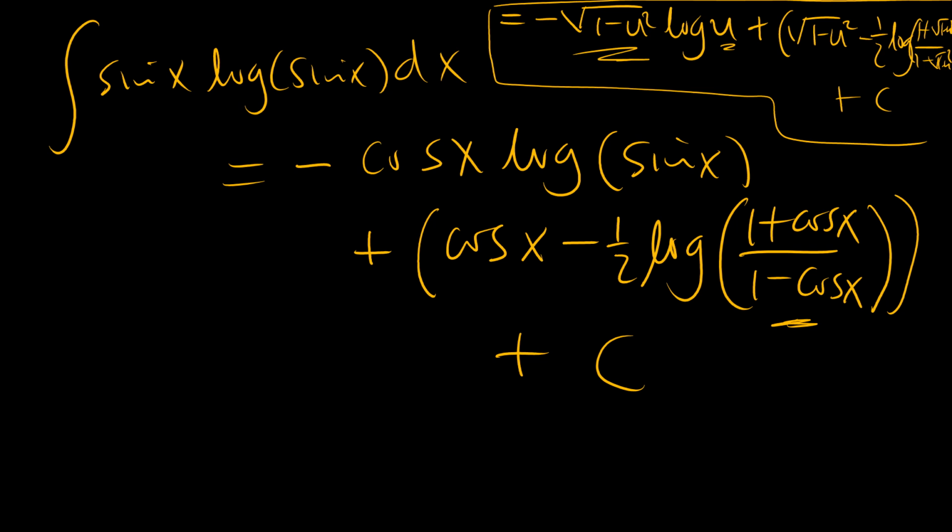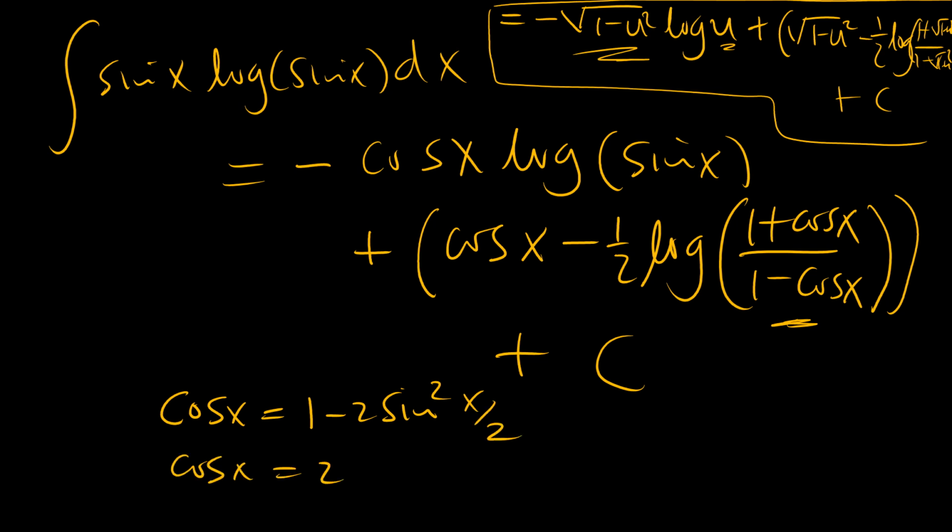And that comes from cosine x being equal to either 1 minus 2 sine squared x over 2, and also cosine x is the same as 2 cosine squared x over 2 minus 1. So if then we substitute, in the case of the negative we can substitute this, in the case of positive we can substitute this, and things become a little bit different there.